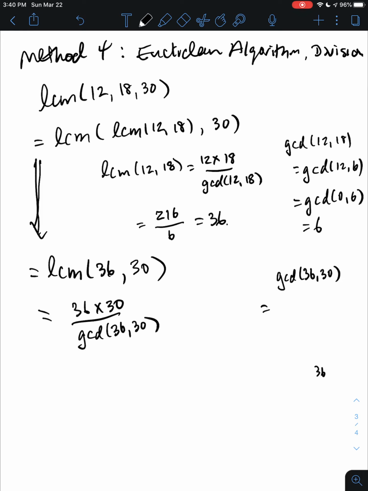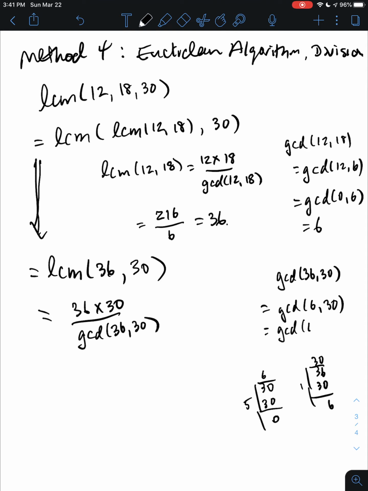So 36 divided by 30 goes in one time with a remainder of 6. 30 divided by 6 goes in 5 times with a remainder of 0. So the GCD is 6. 36 times 30 divided by 6, and the calculator will tell you that is 180.